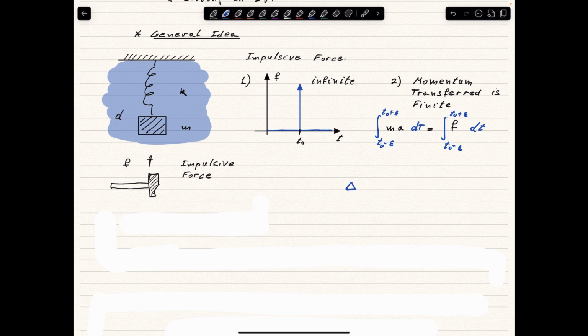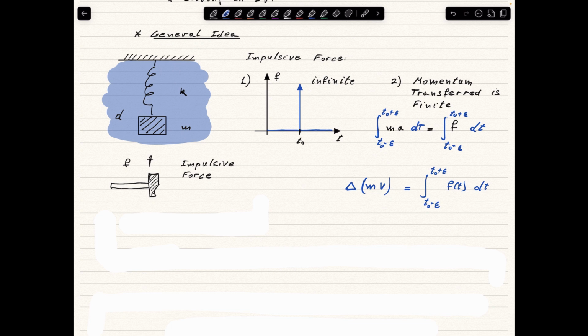So we use this symbol delta to denote the difference in mass times velocity a little bit before and a little bit after the hammer strikes the spring. And on the other side, what we have is the integral from t0 minus a little bit to t0 plus a little bit of the force dt.